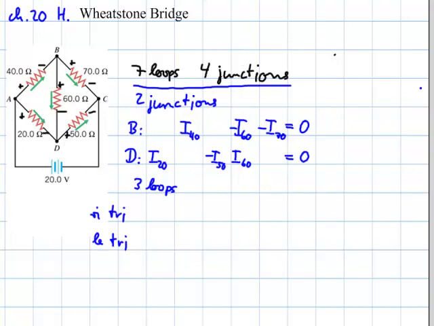I could actually label them. I should label them. Instead of calling them right and left triangle, I should label them as BCD, that's the one on the right, and ABD, that's the one on the left.